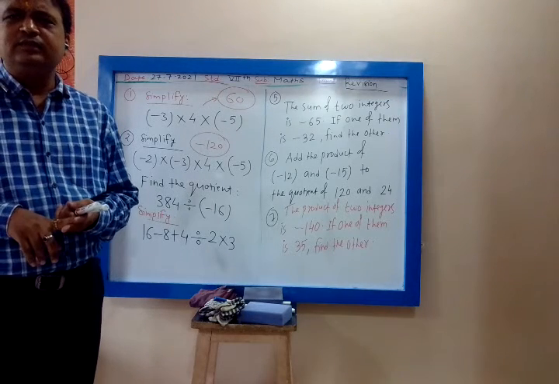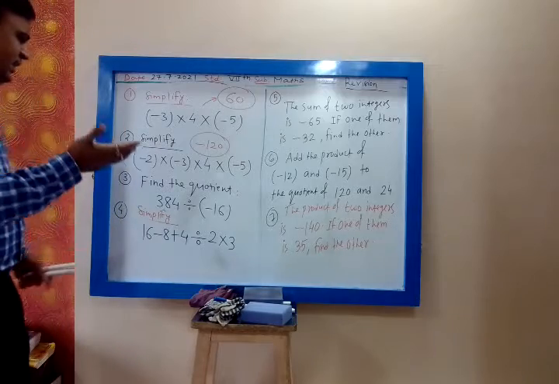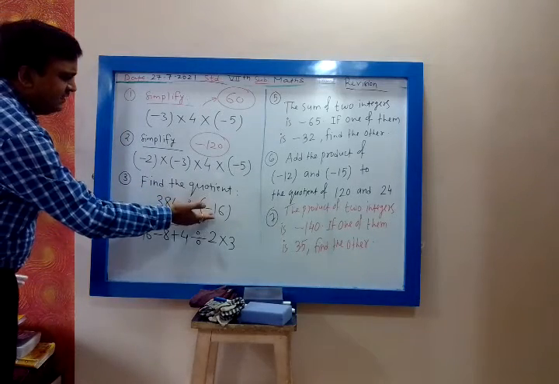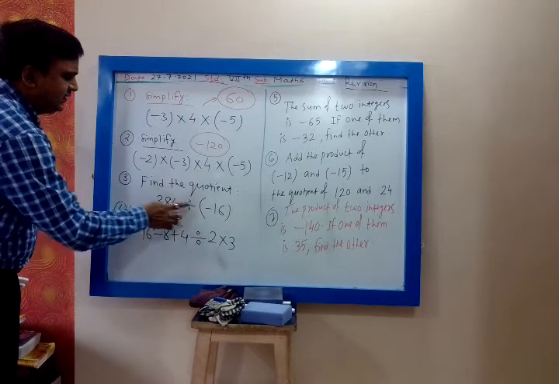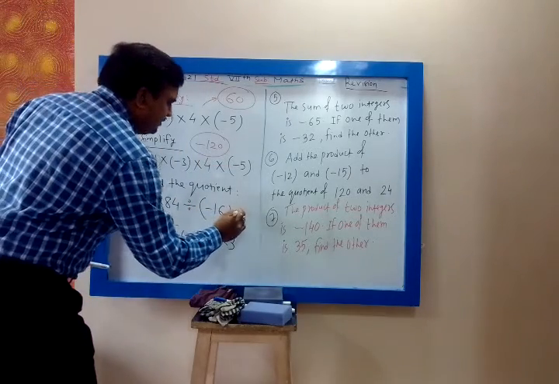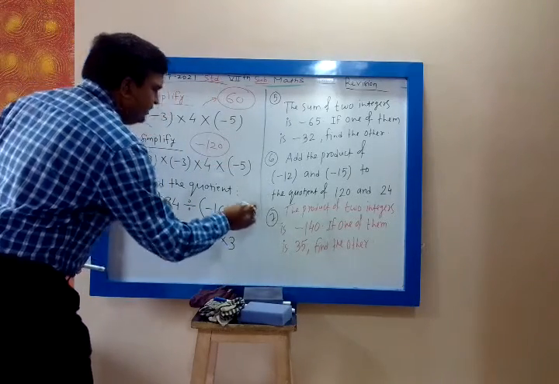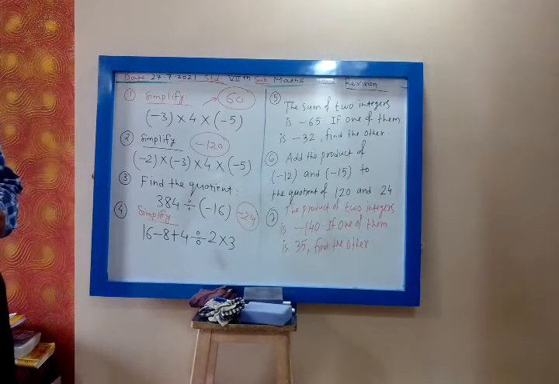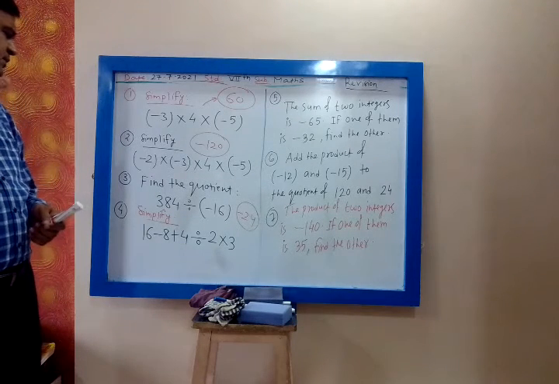What is your answer? Yes, minus 24. Dear, the minus sign is there. This is plus, this is minus. So plus upon minus will be minus. Third answer is minus 24. Yes, very good. Great.